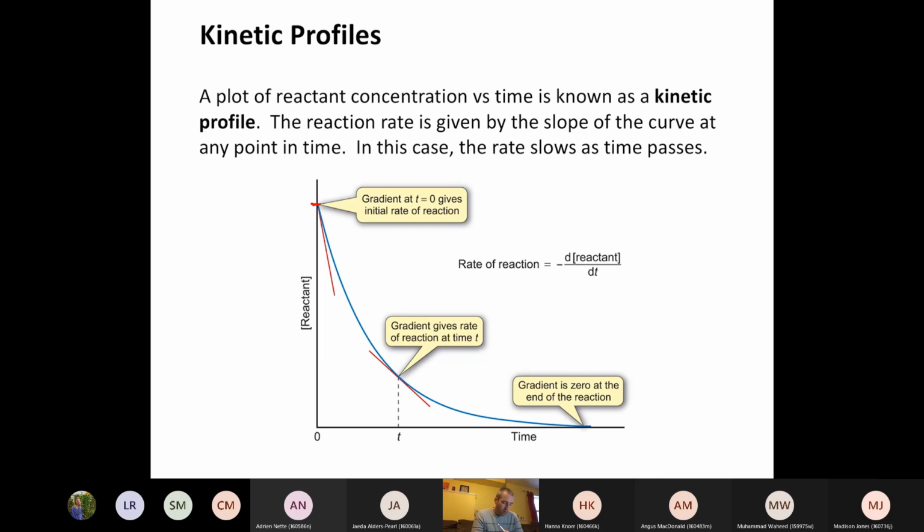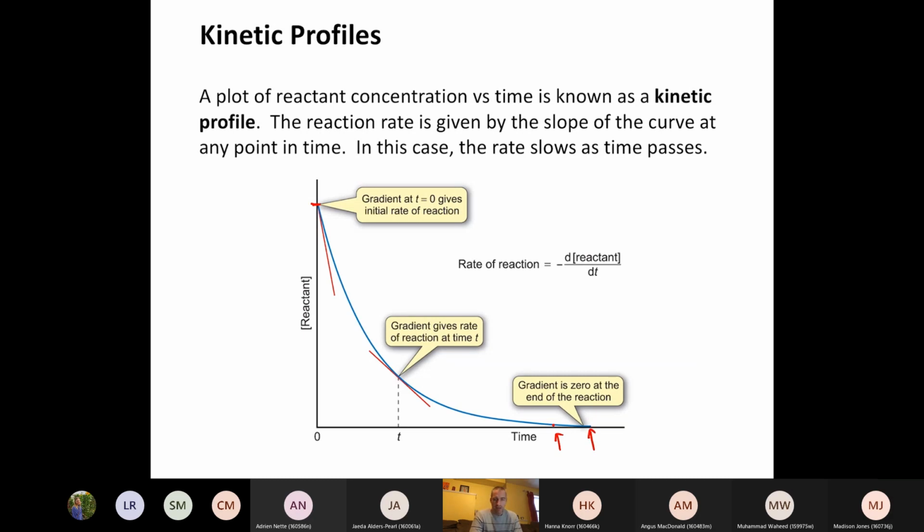What you can say about this blue curve is that at any point in the reaction, the slope of that curve, which would be the first derivative, will be equal to the rate of reaction. So at the very end of the reaction, the slope is very small down here, and at the very, very end, the slope of this reaction is 0.